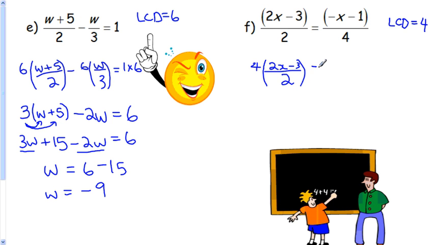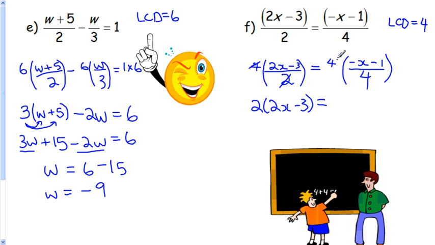So I multiply that by 4, and I multiply this term by 4, and I get minus x minus 1 all over 4. Notice that the 4 and the 2, nicely, the 2 goes into the 4 twice, so we end up with 2, and then 2x minus 3, because the 2 goes into the 4.